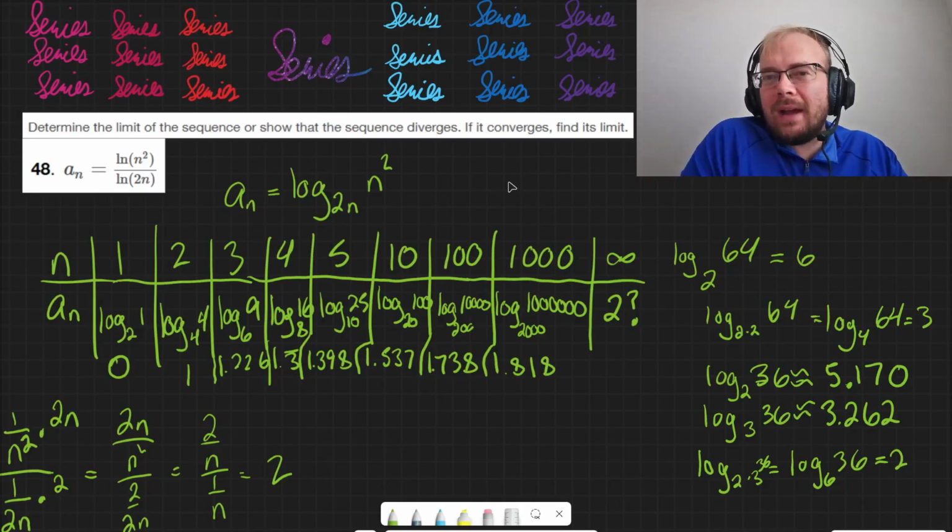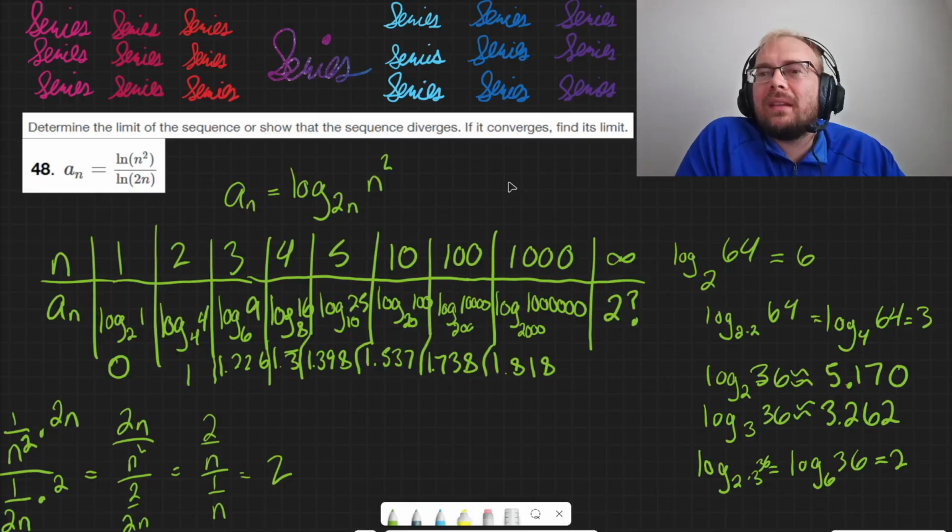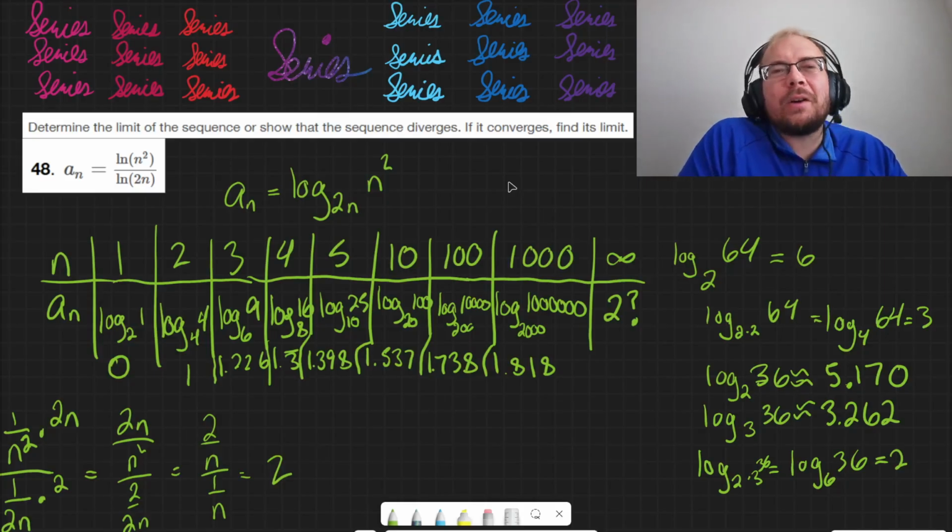That's what you have off to the bottom right-hand side over there. But then I kind of got stuck with the log base 2 of 36, log base 3 of 36, and then log base 2 times 3 of 36, which is 2. So I'm not really sure what that was, because I'm pretty sure 5.1 and 3.2, that shouldn't make 2. But yeah, that's what I was doing over there.